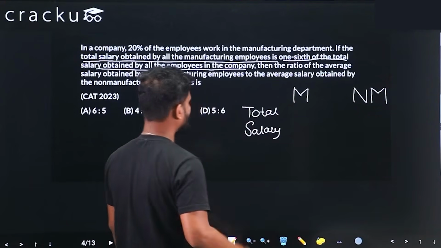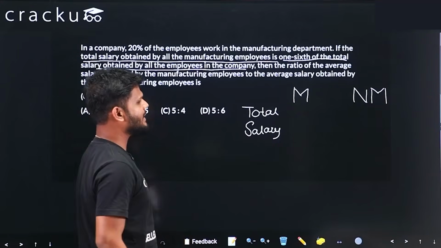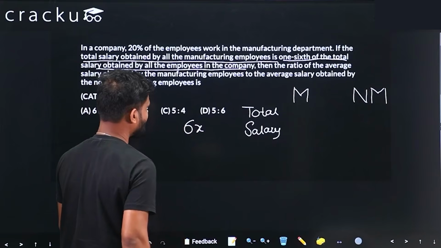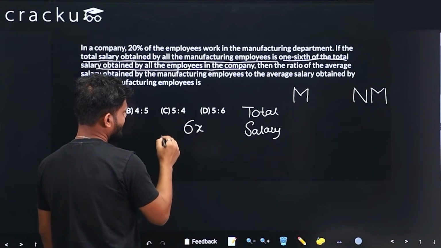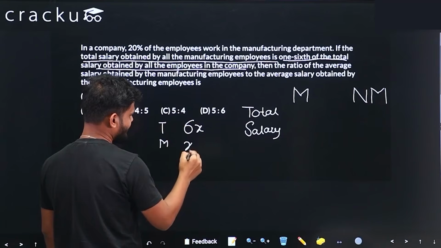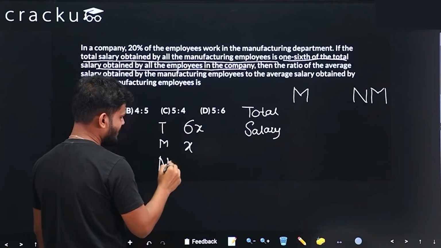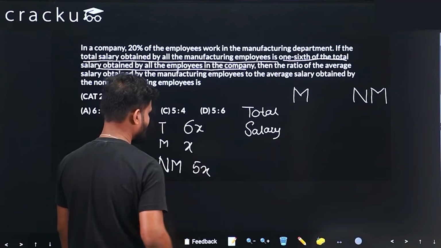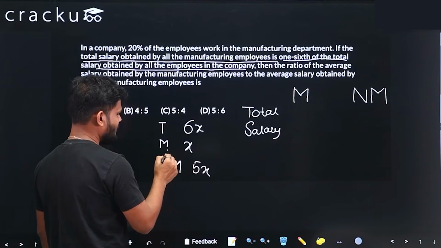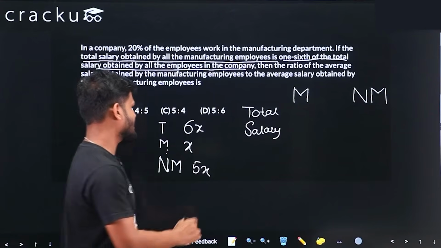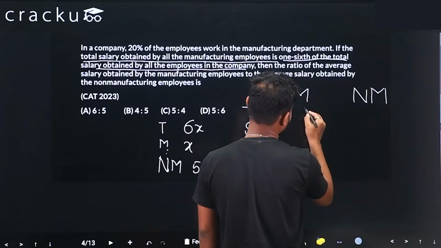So if total salary obtained by all the employees is, for example, 6x, manufacturing employees get 1/6 of this, which is x. For non-manufacturing, it will be 6x minus x, which is 5x. So the ratio of total salary obtained by manufacturing to non-manufacturing is x to 5x, or 1:5.